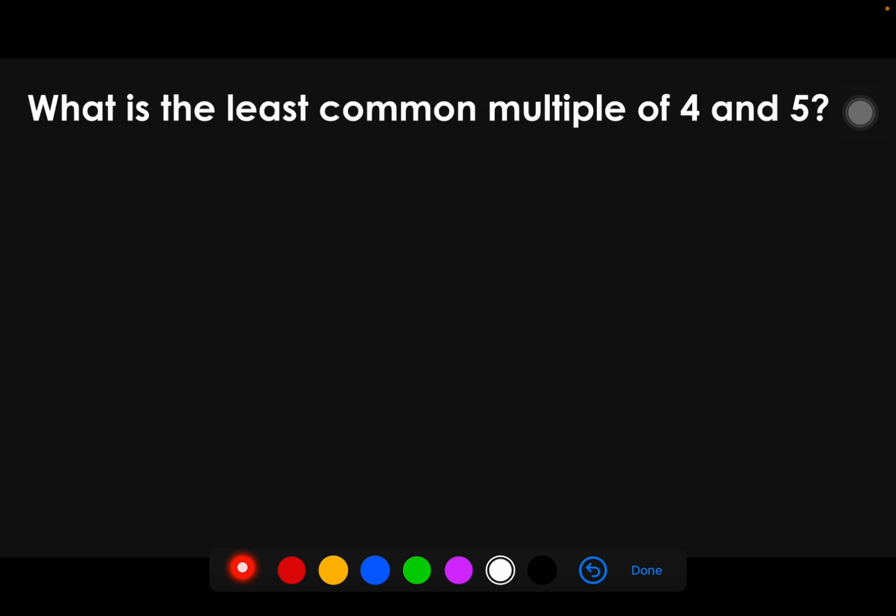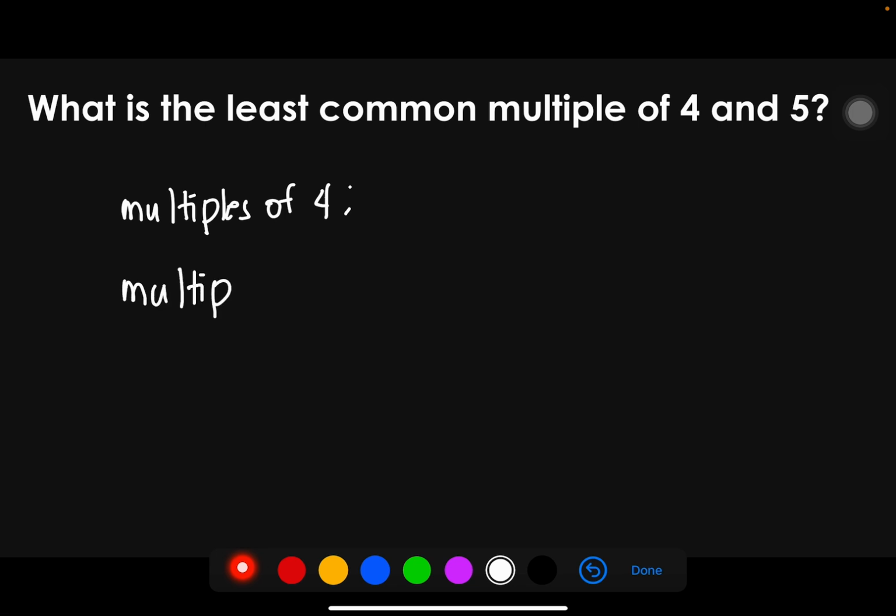Let's try another question. What is the least common multiple of 4 and 5? Alright, so for this, I think it's better that we do listing. So let's list first multiples of 4 and then multiples of 5. Multiples of 4 are 4, 8, 12, 16.